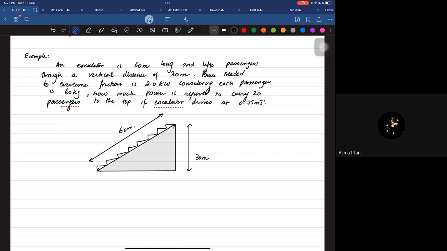Is it clear, everyone? So people are on it, and these people are going at 0.75 meters per second. Can you guys try to do this? See if you can work it out, and then I'll explain it.